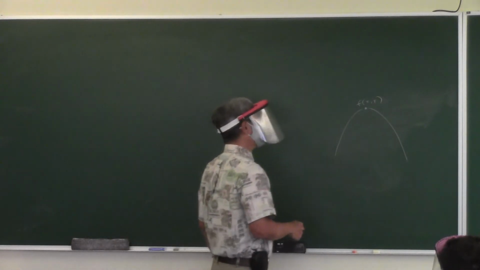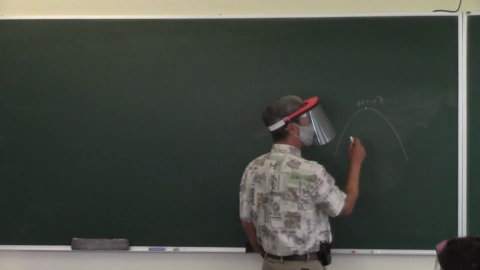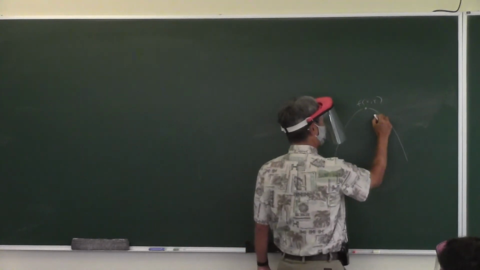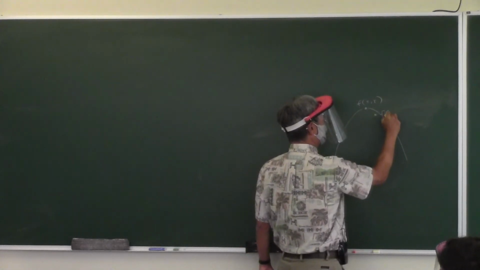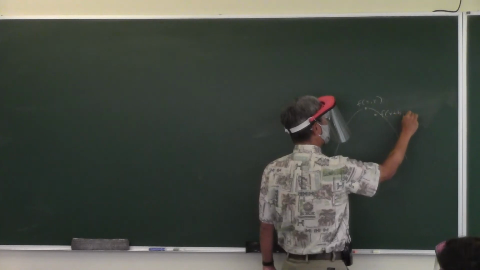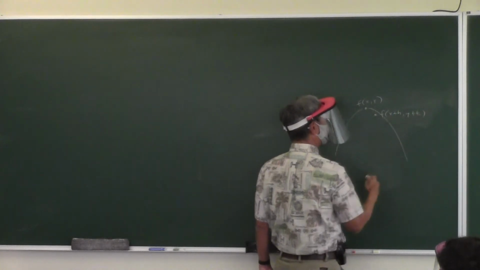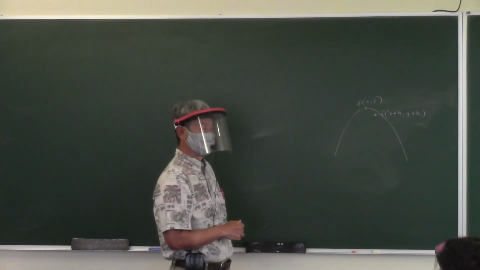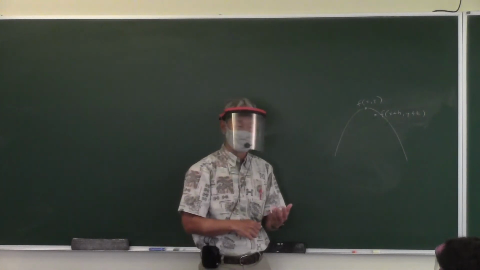What we're going to do is compare that to a point that's nearby. Here's a point nearby: f of x plus h, y plus k. Do you guys understand what that is?